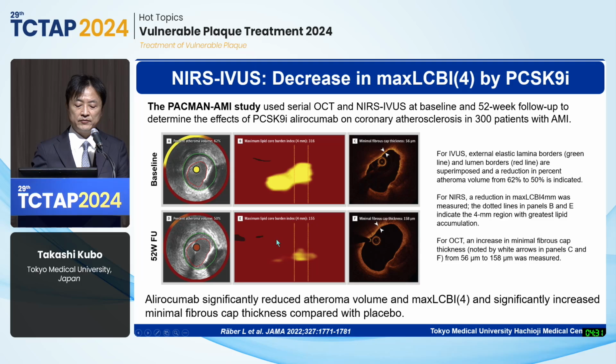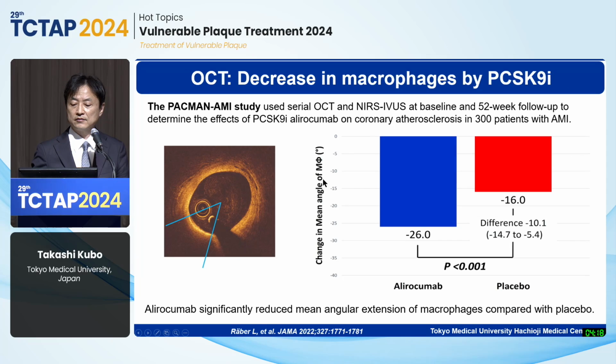This study demonstrated the PCSK9 inhibitor alirocumab significantly reduced plaque volume and maximum LCBI 4mm compared with placebo. And the PACMAN-AMI study also investigated macrophage infiltration. This study demonstrated alirocumab significantly reduced the mean angular extension of macrophages compared with placebo.